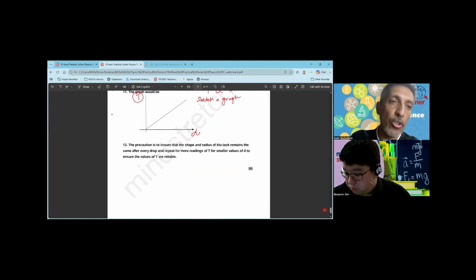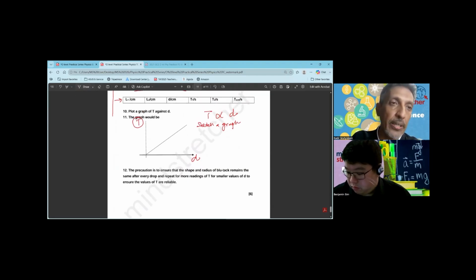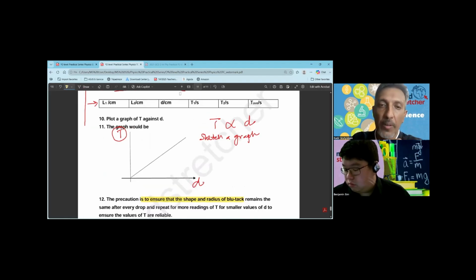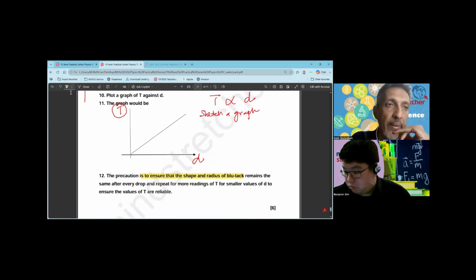So the precaution, right, guys? The precaution here is to ensure that the shape and radius of the blue tack remain the same after every drop.